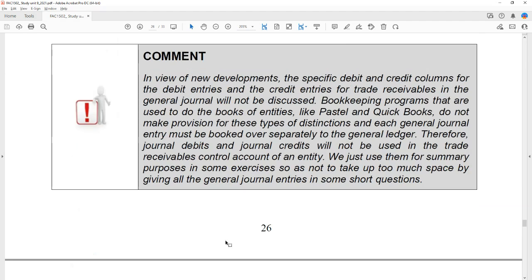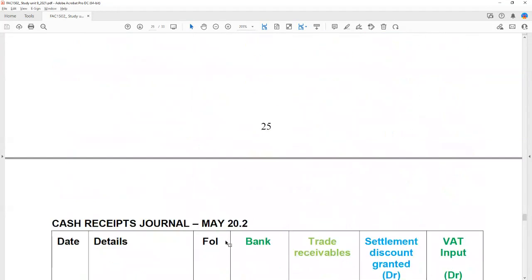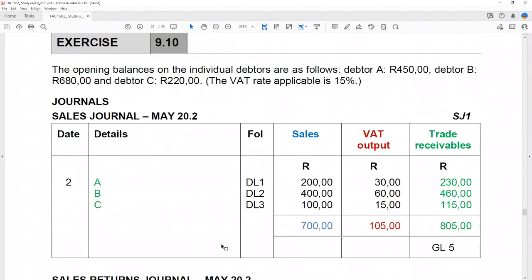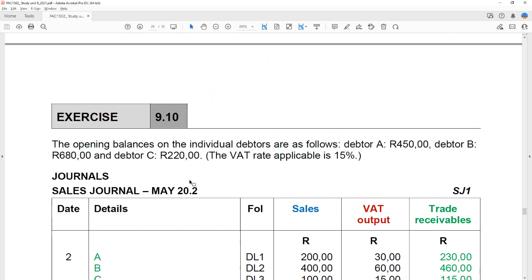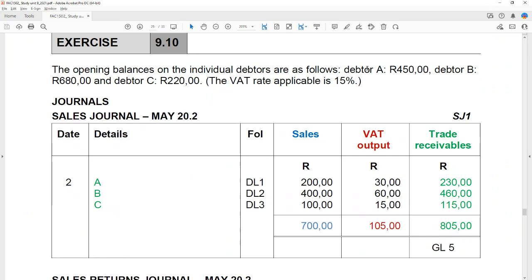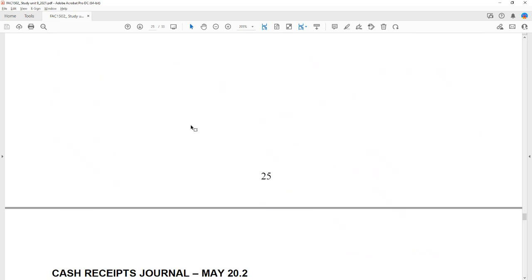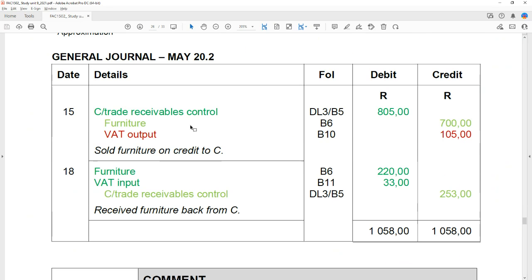We can go back to where our opening balances were given: our 450, our 680, and our 220 will give us our 1,350. So debtor A plus debtor B plus debtor C, that's how we get our 1,350.